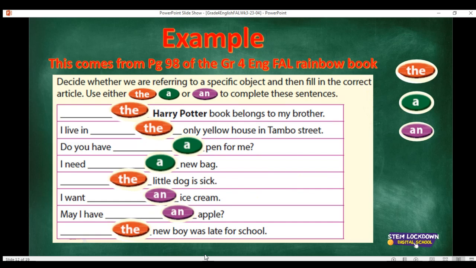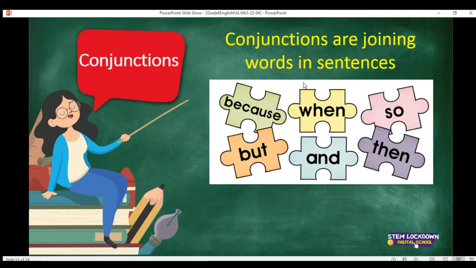Okay, great. Now we're going to look at our conjunctions. So conjunctions is just another word for joining words. So don't get a fright if you see the word conjunctions.